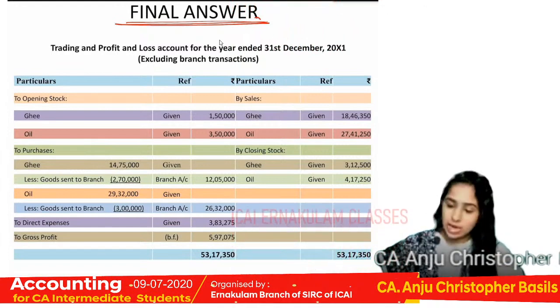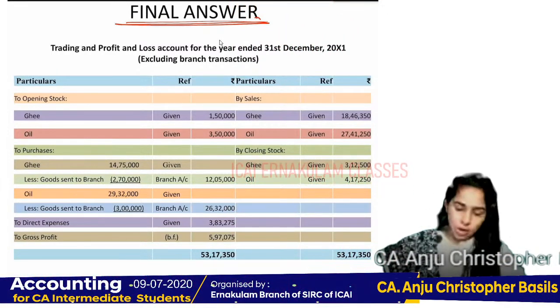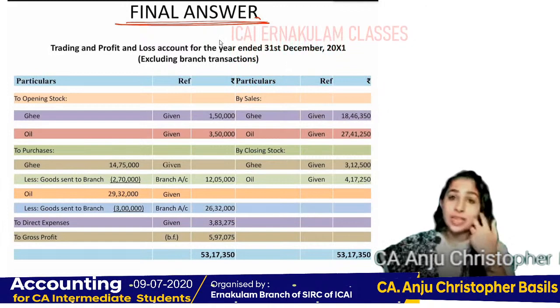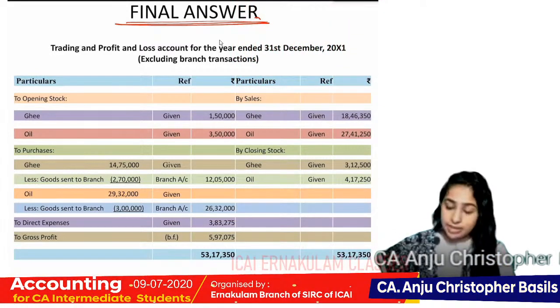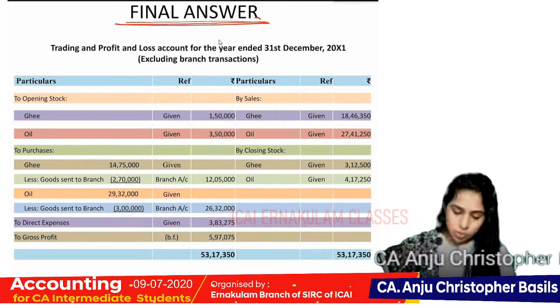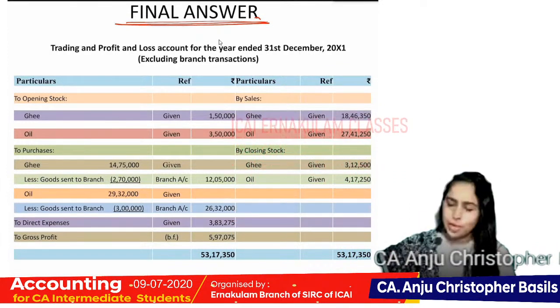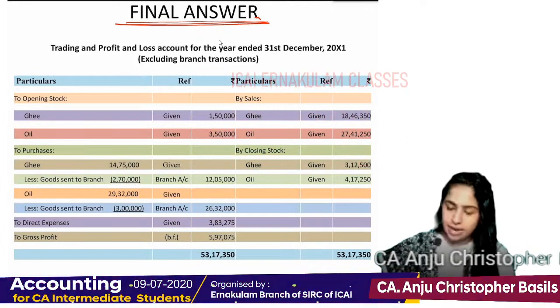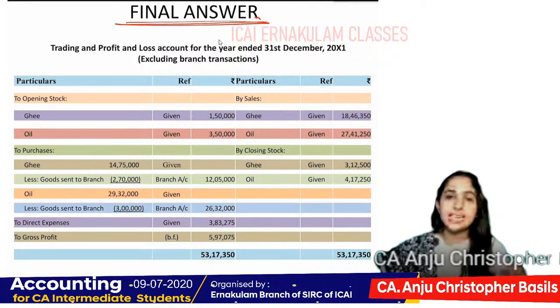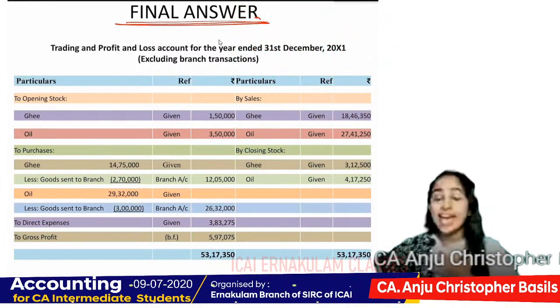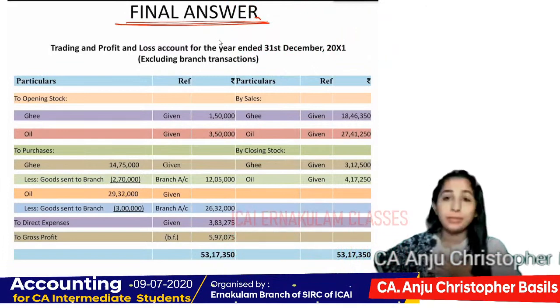Now, discount allowed to debtors is given. We don't take that in the branch account. Now, cash sent to branch for expenses. These are the different cash amounts which are sent: 2,000, 2,400, 1,000 and annual insurance. All these are expenses which you will have to write in the debit side, because this is cash collected from the branch, I mean from the head office.